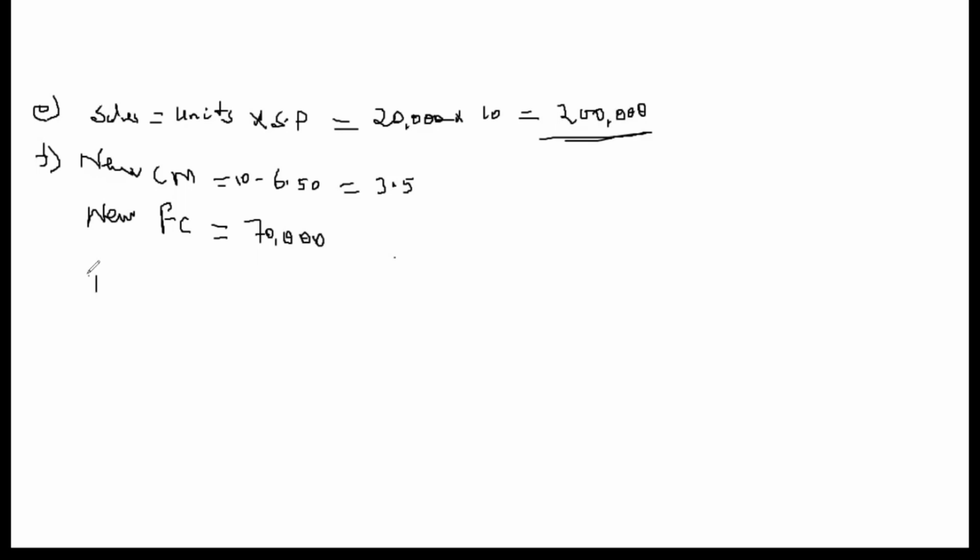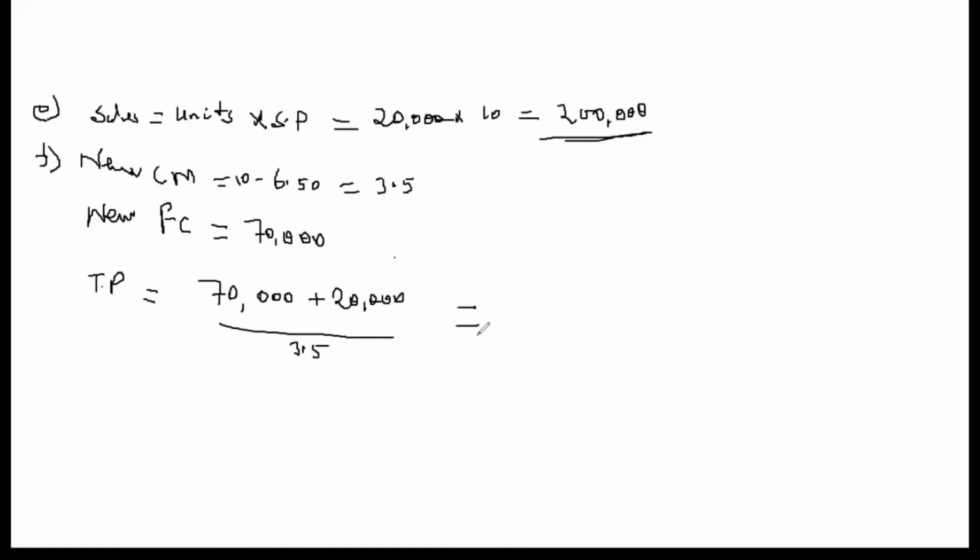So our target units is equal to 70,000 plus 20,000 over 3.5.